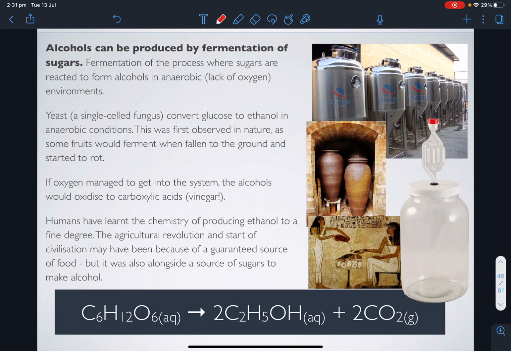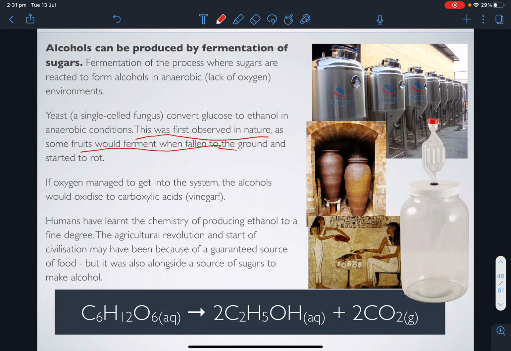Now, to do this, you need yeast, which is a single-celled fungus. And that yeast converts the glucose, that sugar, to ethanol in anaerobic conditions. Okay? First observed in nature. Some fruits will ferment when fallen on the ground and start to rot, especially that underside.